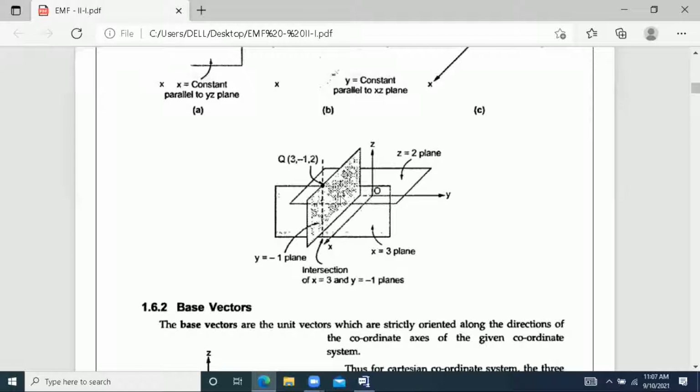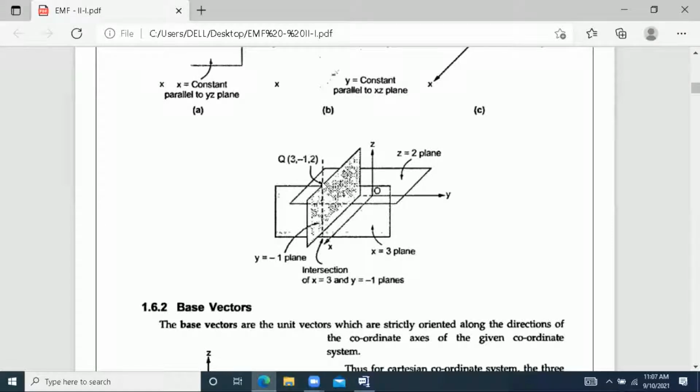You go a certain amount of unit in the Y, and you go a certain amount of unit in the Z. And it brings you to that point, right? Just like how we did the differentiation.